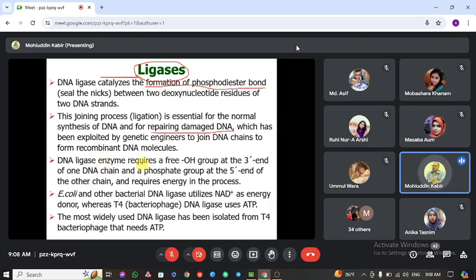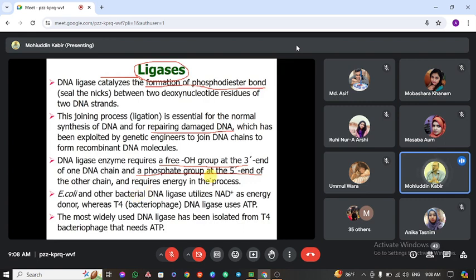DNA ligase enzyme requires a free hydroxyl group at the 3' end in one DNA strand and a phosphate group at the 5' end of another DNA strand.